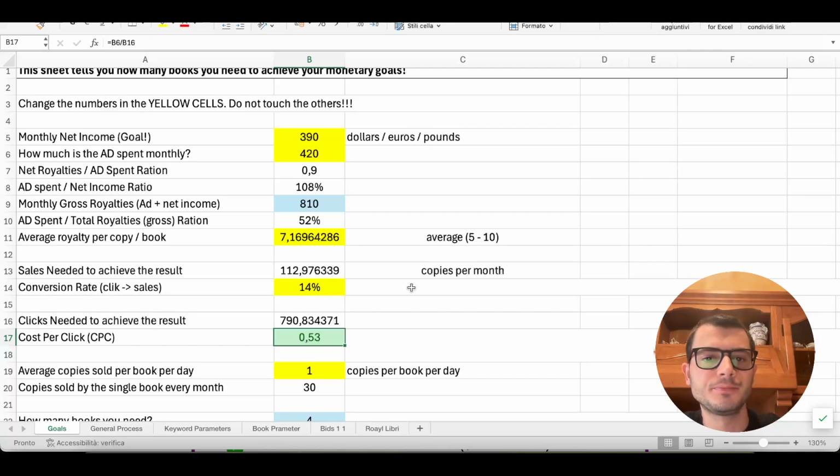Let's say that the topic of today is high content versus low content books. And the real answer, if you want to sell the first one or the second one or both, is it depends.